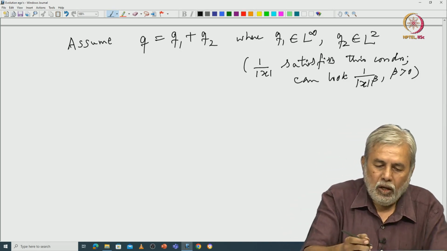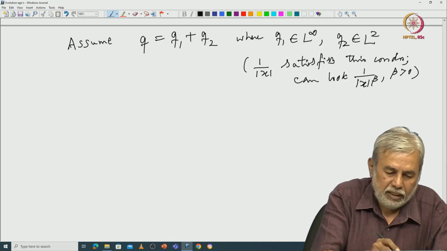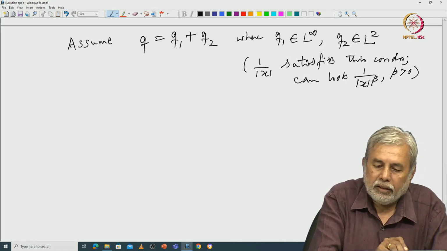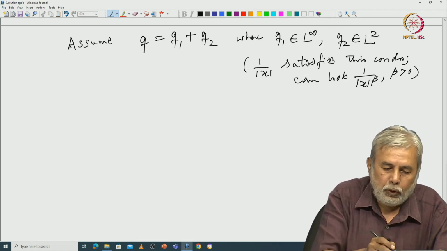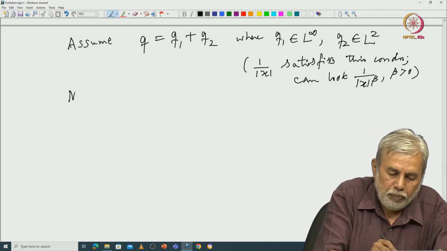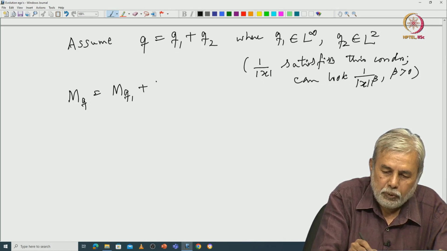Okay. So, now we show that, when this MQ becomes MQ1 plus MQ2.